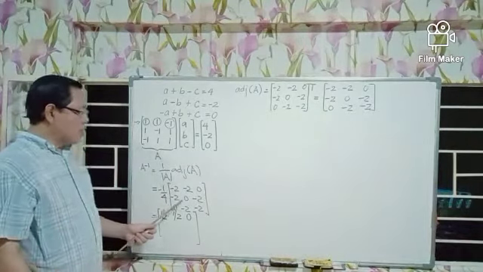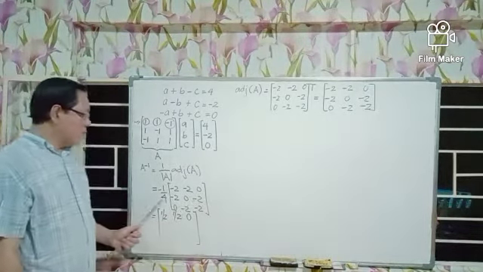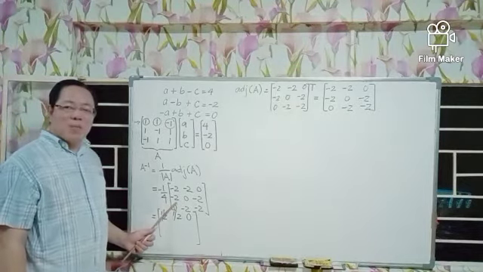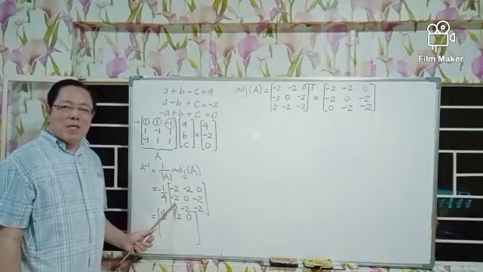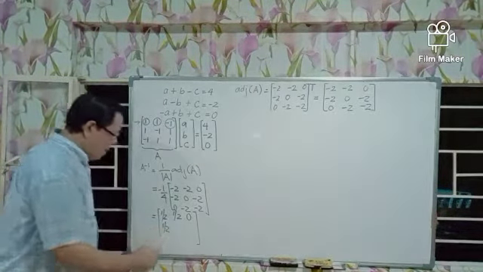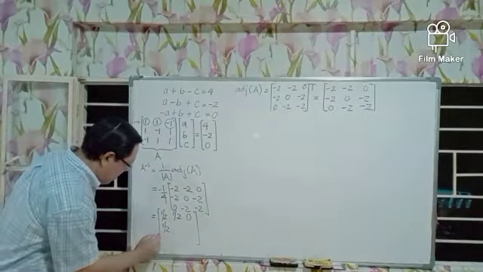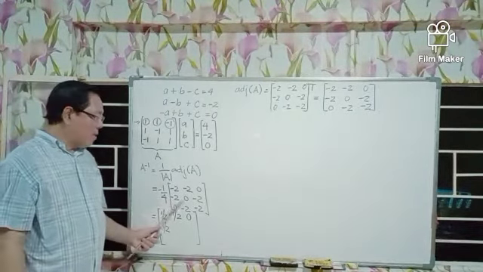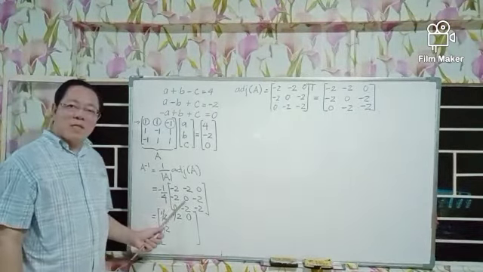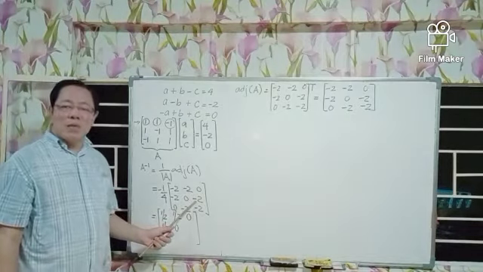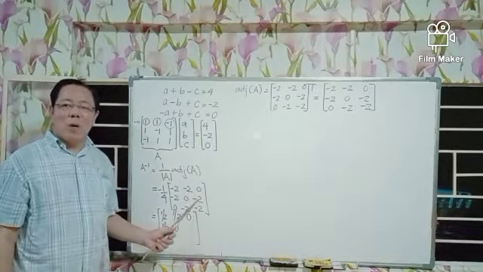Now we multiply each entry of the second row by negative 1/4. Negative 1/4 multiplied by negative 2, that's positive 2 over 4, in lowest terms is 1/2. Negative 1/4 multiplied by 0 is 0. Negative 1/4 multiplied by negative 2, that's positive 2 over 4, or 1/2.